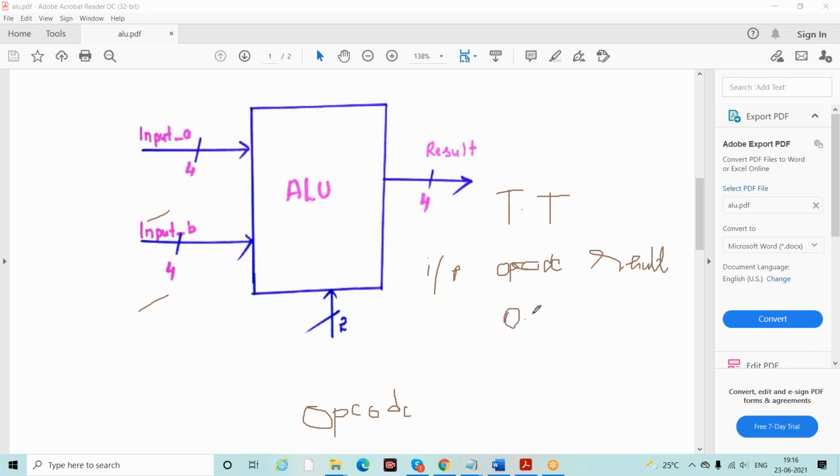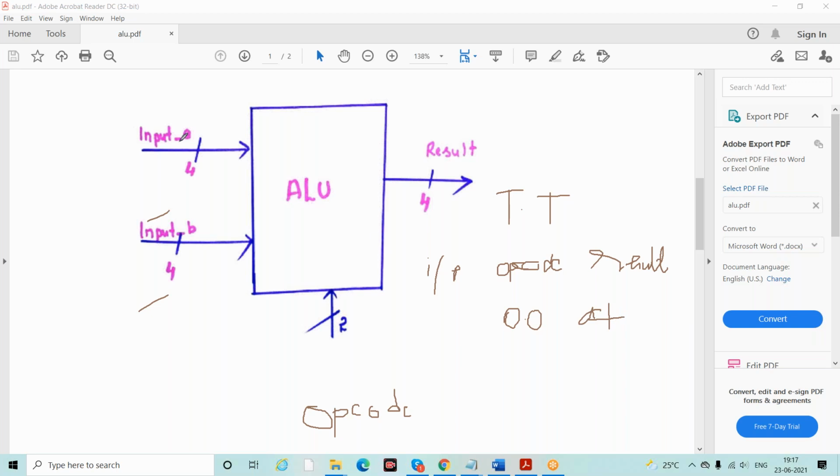Opcode is 0 0. Opcode 0 0 means input A plus input B, an arithmetic operation.